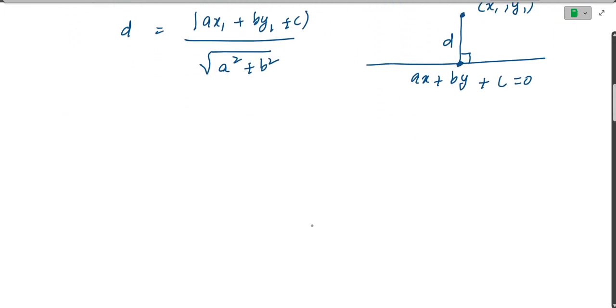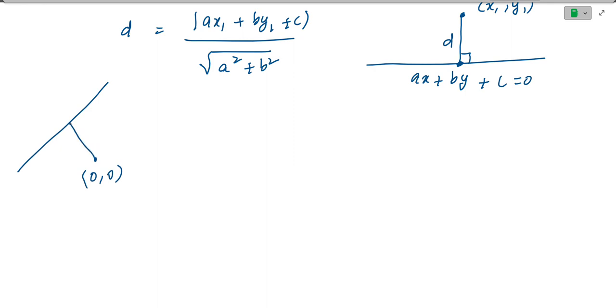From the above diagram, the straight line looks like this, and somewhere I have the origin, which is the center of the circle. From this, I have to find the distance to the equation y is equal to mx plus c. The equation y is equal to mx plus c can be written as mx minus y plus c.